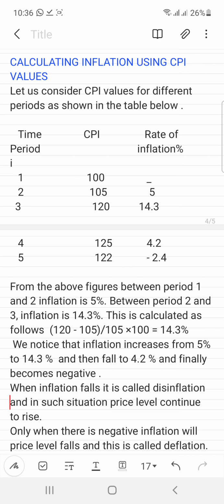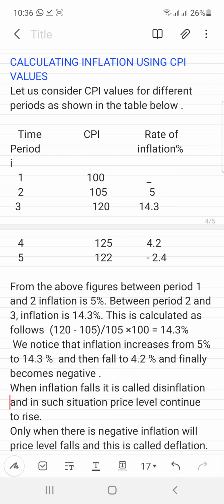So, CPI in our first period is 100. So it means that this first period is our base year. In the second period, CPI is 105. This means that our rate of inflation for the second period compared to our base year period is 5%.